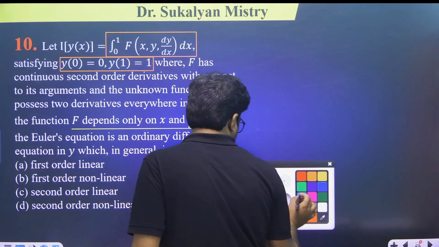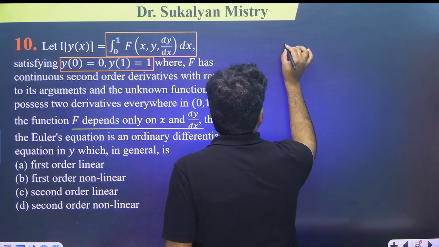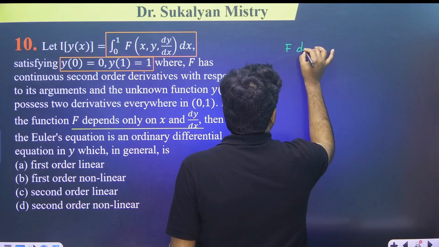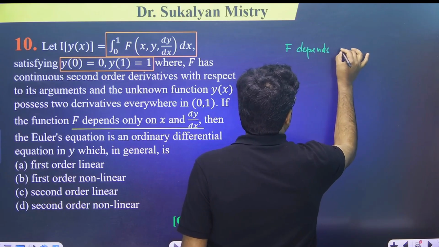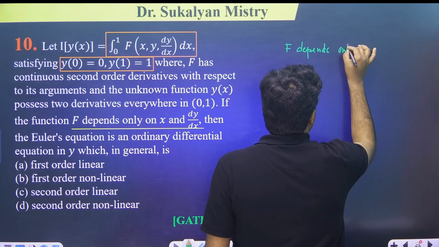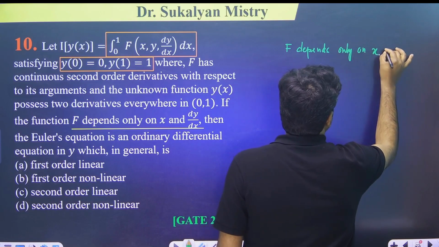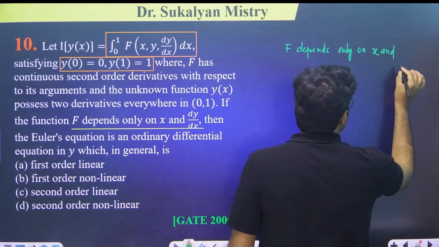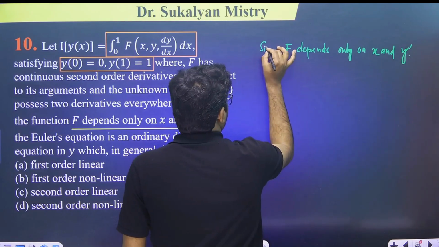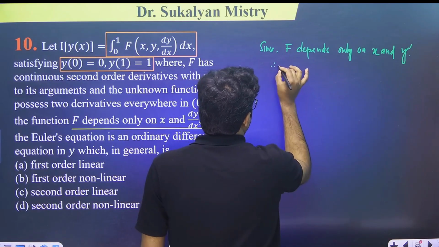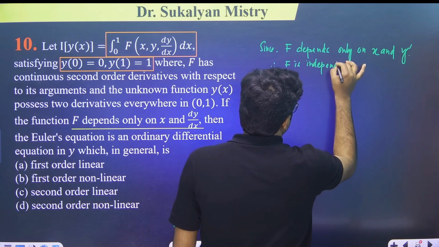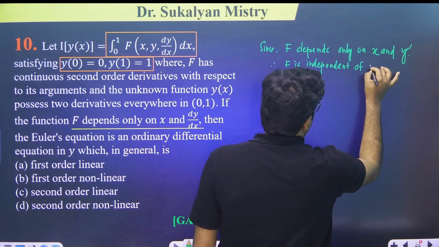If it is given that f depends only on x and dy/dx, that means y dash. Okay, so we conclude that f is independent of y.